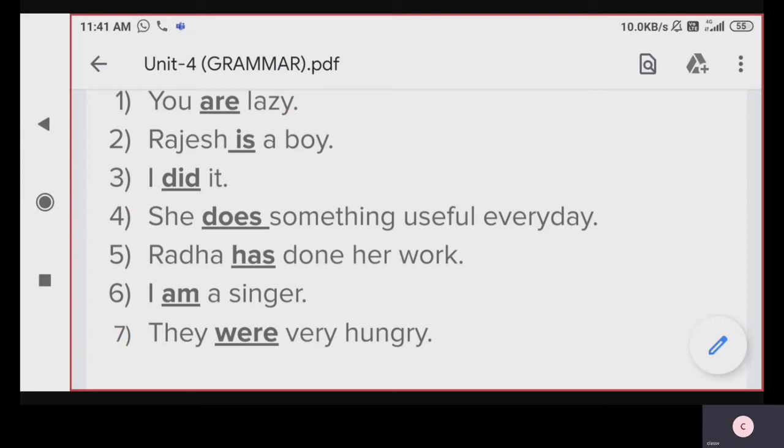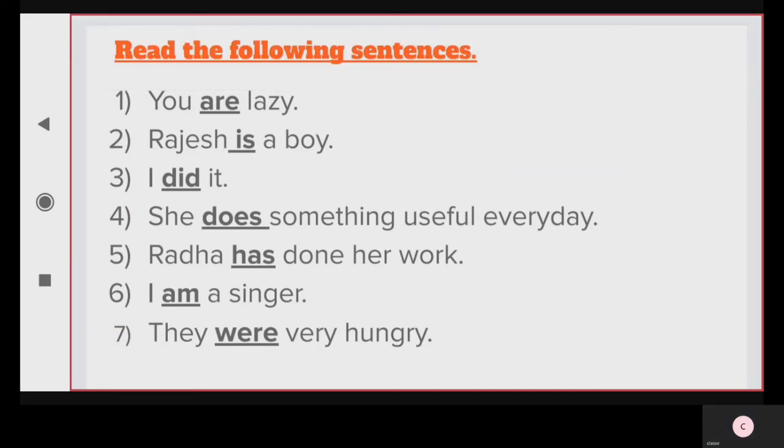They were very hungry. Here the verbs are, is, did, does, has, am, and were acted as main verbs to say about the action, state, and situation of the people spoken about.